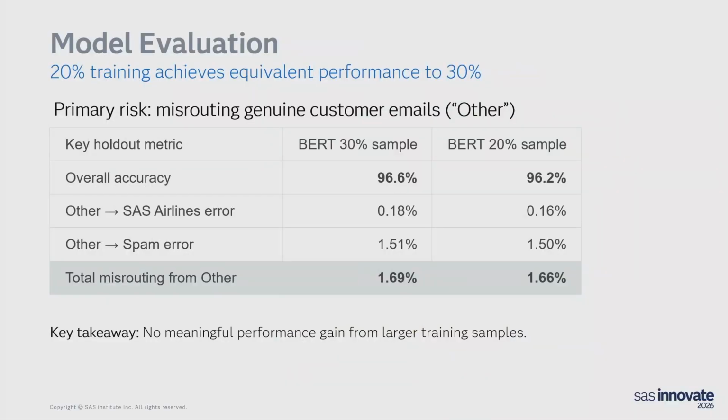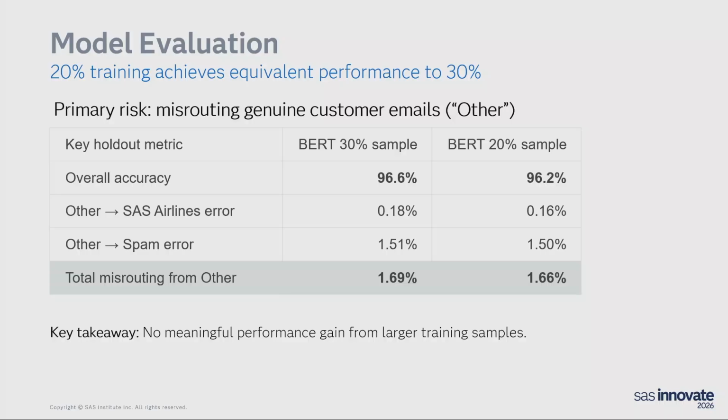So how do our models perform? The transformer model is so impressive. For both models, they give very high accuracies, nearly 96% and above. Like I talked about on the previous slide, we need to look at the error of misrouting real emails to different categories because the cost is much higher.